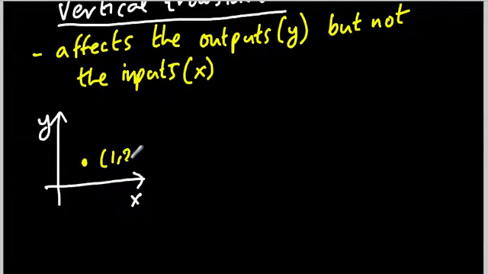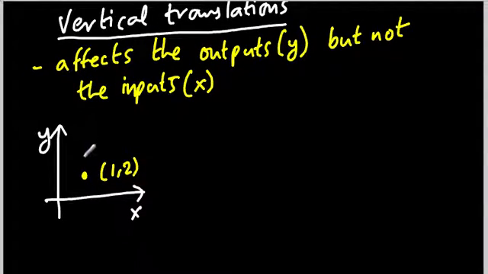And if I decide to move this vertically, let's say I move this 1 unit up, this new point would still remain at x value of 1, but the y value would now be 3. So this is 1, 3.